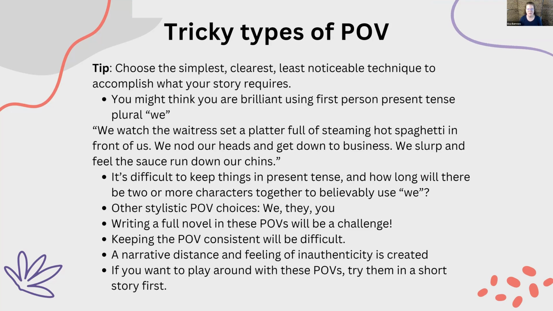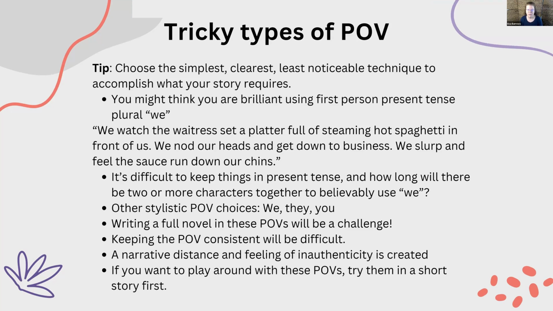It's difficult to keep things in present tense. And then how long will there be two or more characters together to believably use we? So there are other stylistic choices like this, like we, they, you. Writing a full novel in these kinds of point of view would be a challenge. Keeping the point of view consistent would be difficult.